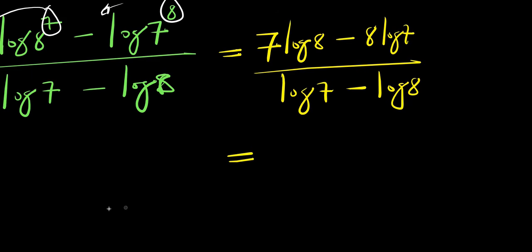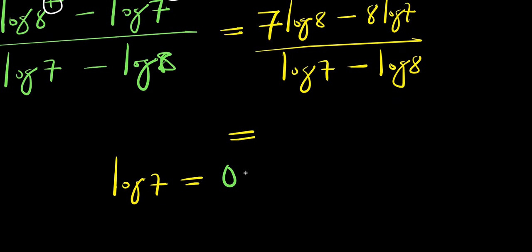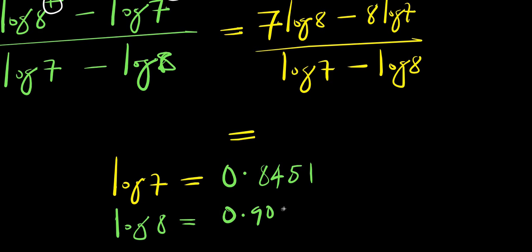So let's start. We have log 7 equals 0.8451 to 4 decimal places, and log 8 equals 0.9031 to 4 decimal places. So let's insert them right here.